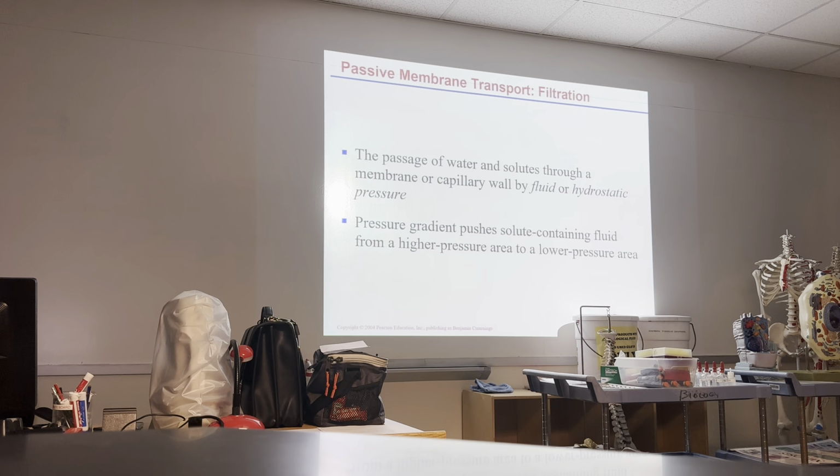We said atmospheric pressure, and then hydrostatic pressure or fluid pressure. It's the pressure outside the cell wall that's liquid, okay? That's hydrostatic pressure. And the pressure gradient pushes solid against containing the fluid from higher pressure to lower pressure.